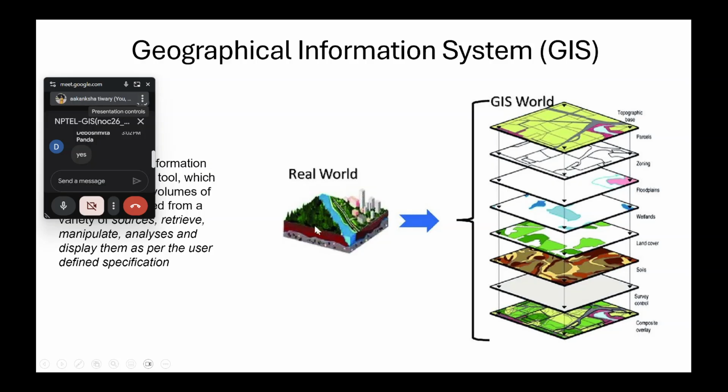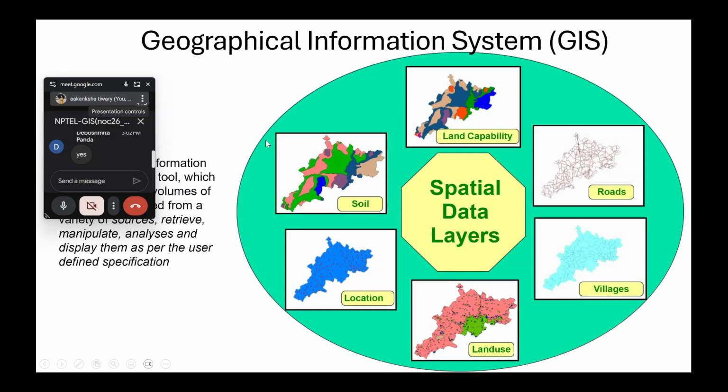We are converting the real world into simple layers, so that we can extract maximum information as per our aim. Okay, so this is what we do in geographic information system.